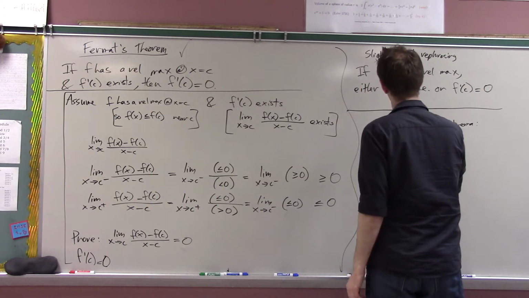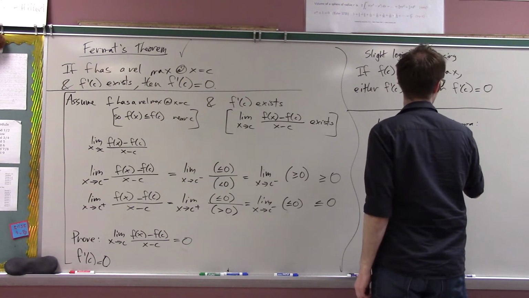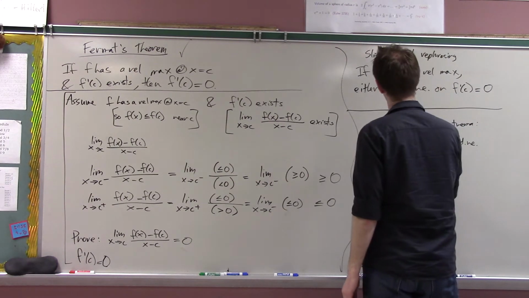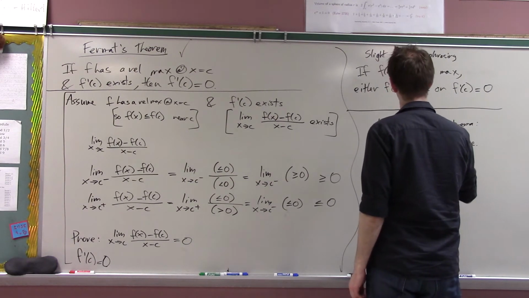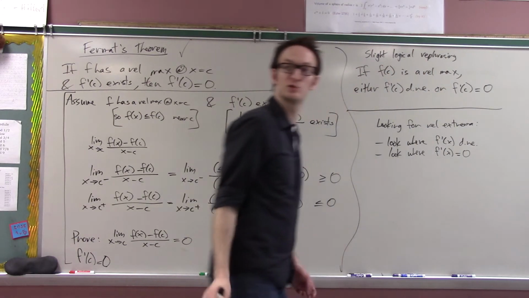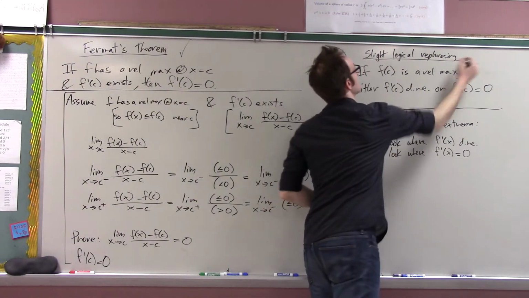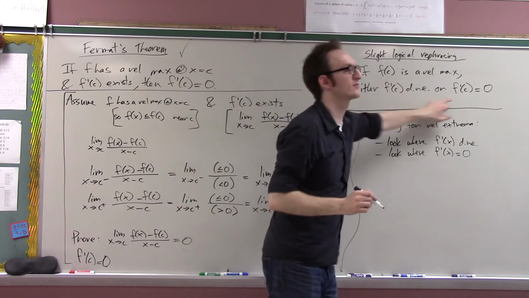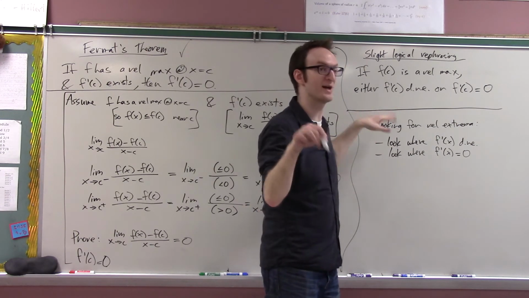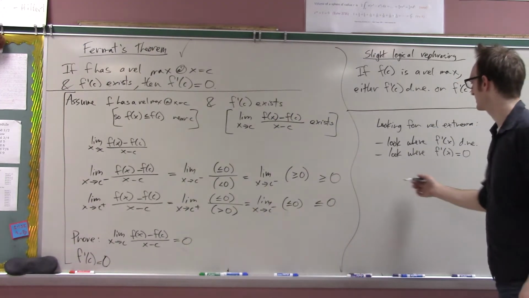I should look where f prime of x does not exist, and I should also look where f prime of x is 0. Those are the two places where I need to look, because I just proved that if there's a relative max, then one of those things must be true. If I look at all these places, then I'll find all the relative extrema that I need to find.